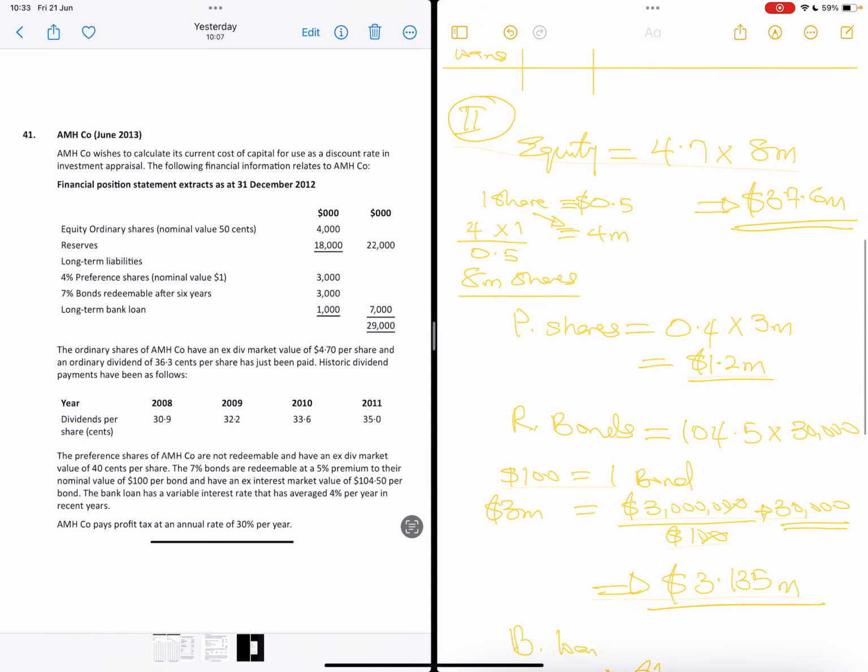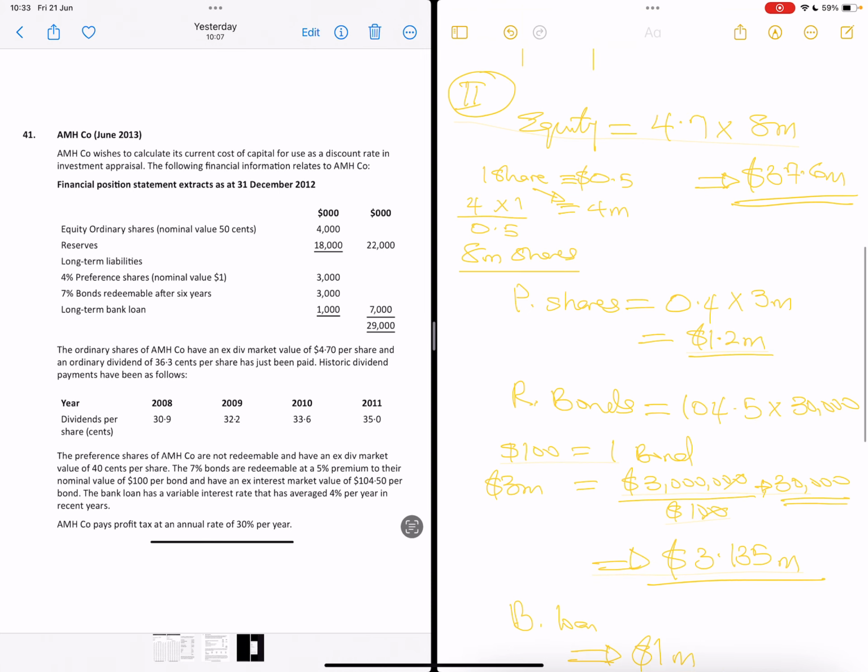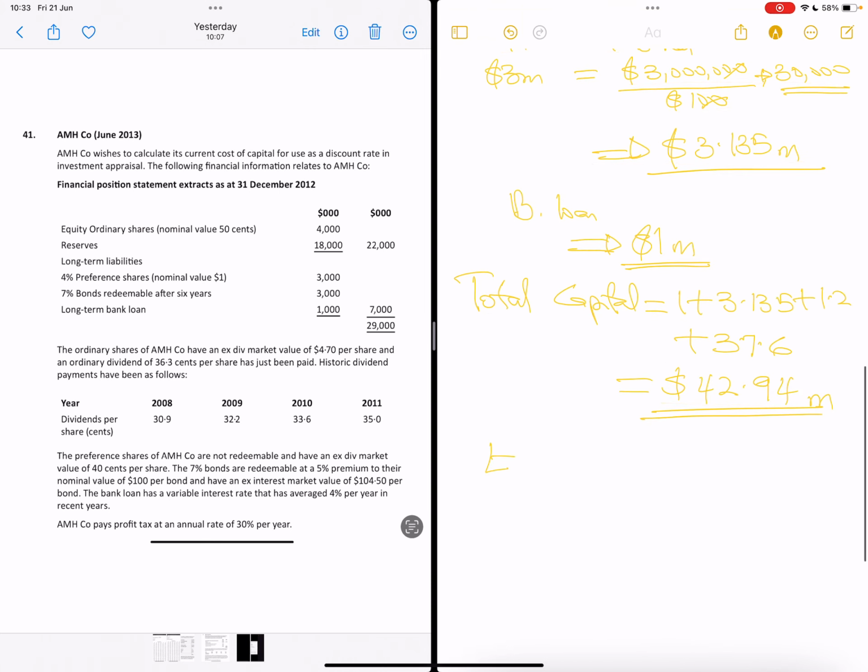To get a proportion for each item, we divide the value by the total. For equity, the proportion will be the value of equity, which is 37.6, divided by the total, 42.94, and that gives us 87.5%.